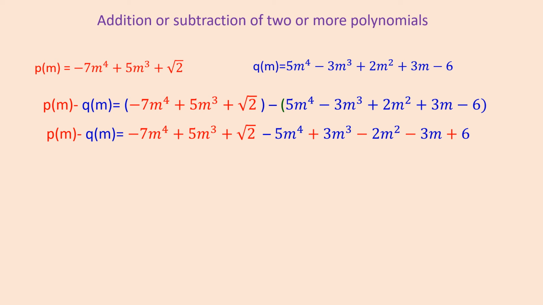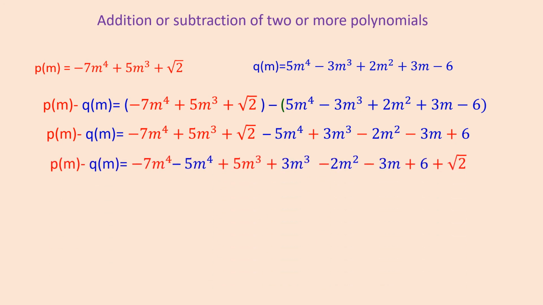But for the second bracket you will see a minus sign outside, so all the terms, whatever sign they have, will become the opposite. Minus 5m raised to 4, minus 3m cube will become plus 3m cube, plus 2m square will become minus 2m square, plus 3m will become minus 3m, and minus 6 will become plus 6.